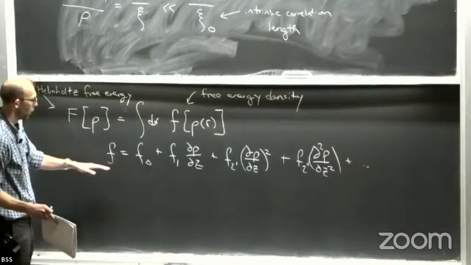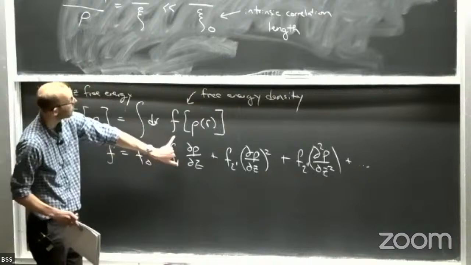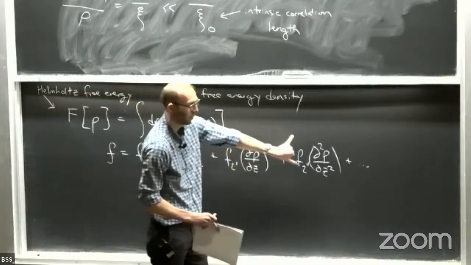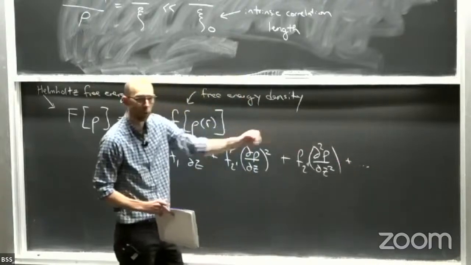According to this, this is like 1 over the correlation length, this is like 1 over the correlation length squared. We have higher order terms, and we ignore those.